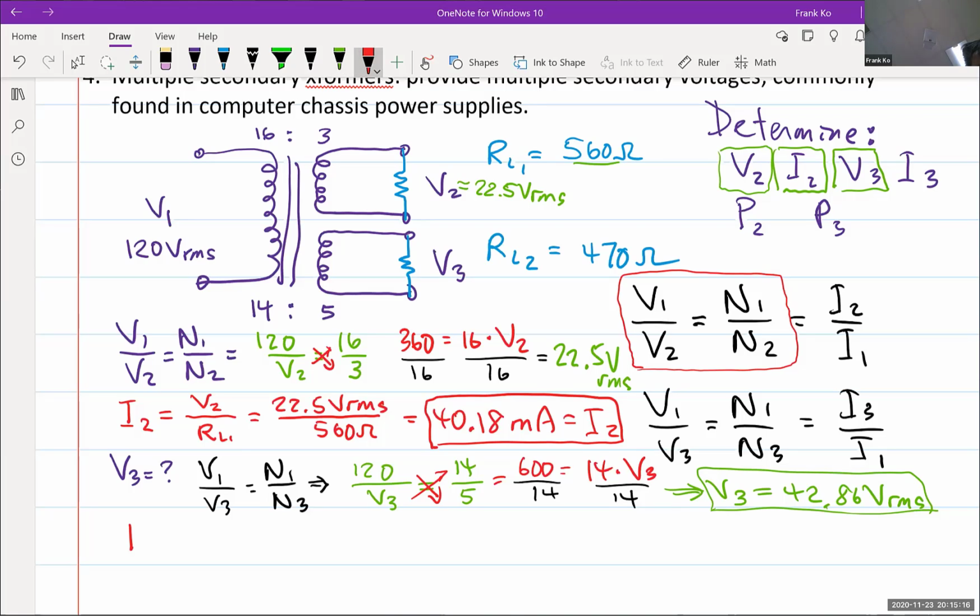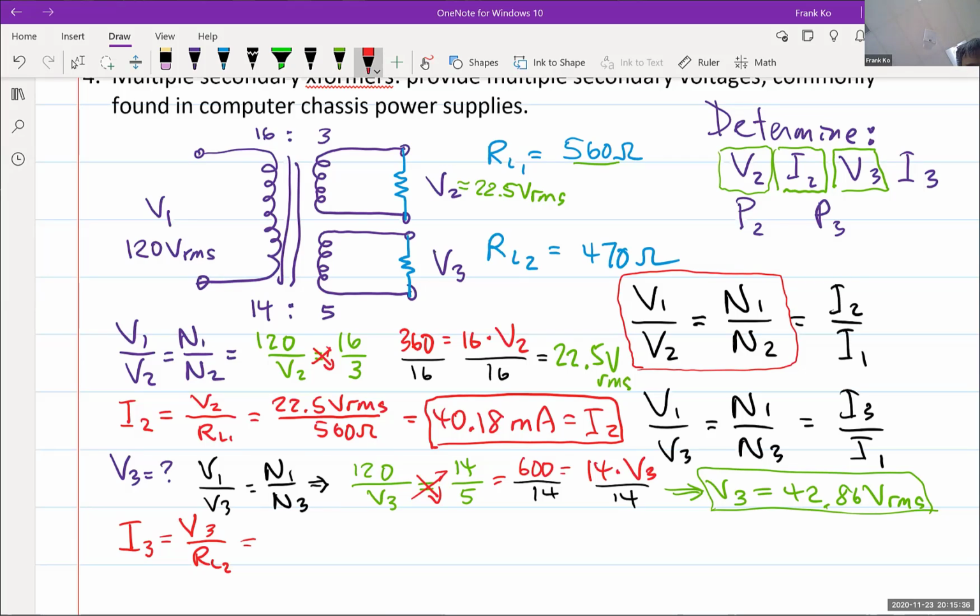So for I3, Yusuf, what are we going to do here? Okay, RL2. So V3 divided by RL2. Let me neaten that up a little bit. That looks horrible. V3 divided by RL2, and let's go ahead and pop in the numbers.